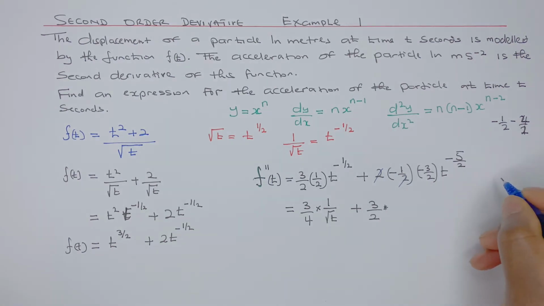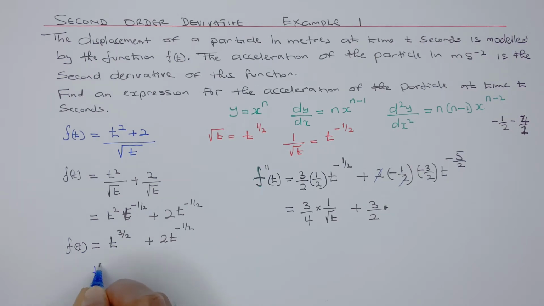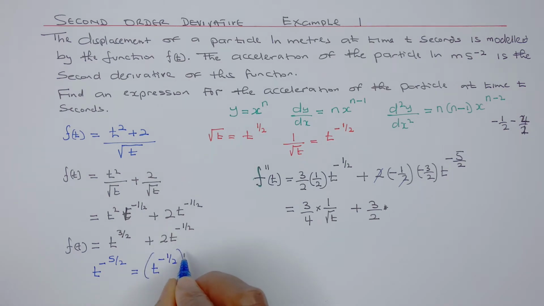Now, we have t to the power minus 5 over 2, and that can be written as t to the power minus a half, all to the power of 5, because 5 times minus a half is minus 5 over 2.